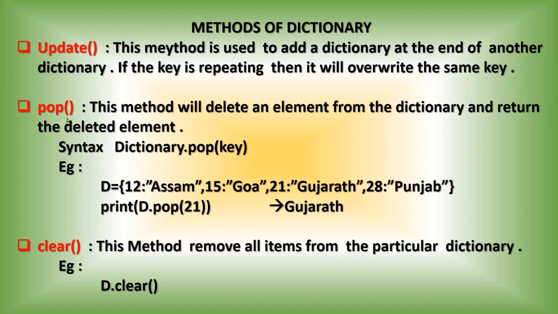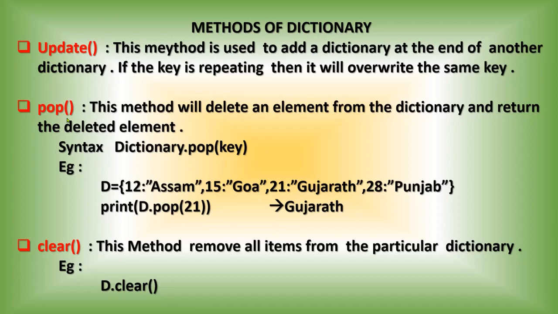See the example written over there. Say D is the dictionary and we print D dot pop of 21. 21 is the key, so that particular element will be removed from the dictionary. So pop is a method used to remove an element from the dictionary, where we have to specify the key.